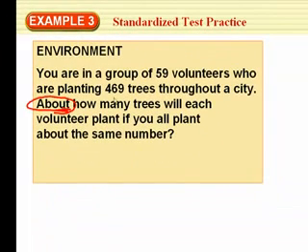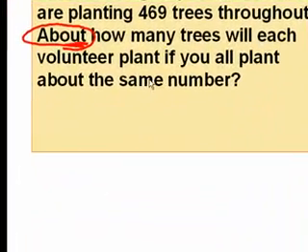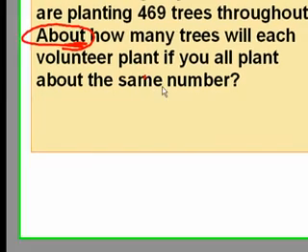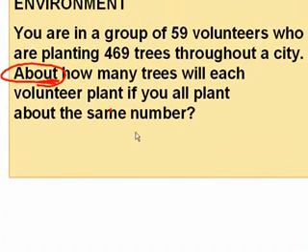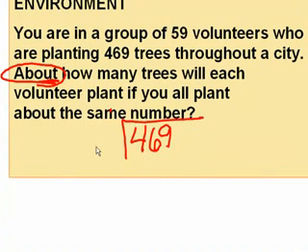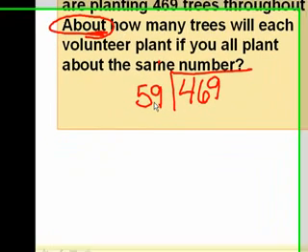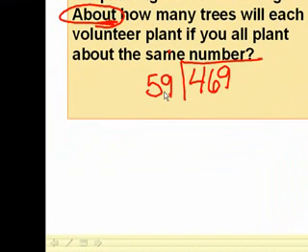So we look at our numbers right here. We have 469 trees, and we basically are going to split that up with the 59 people who are working. So 469 divided by 59. So here's where those compatible numbers come in. We want to round to numbers that, in other words, get along with each other.